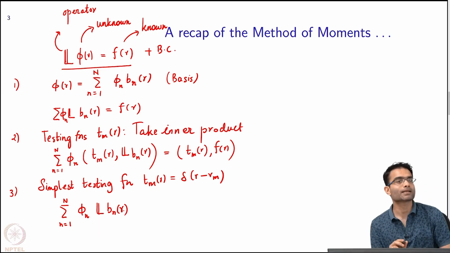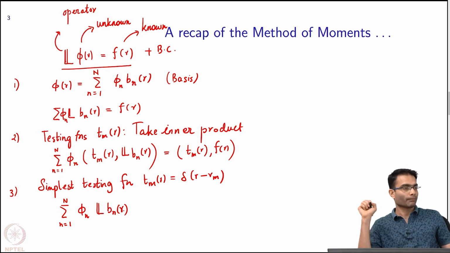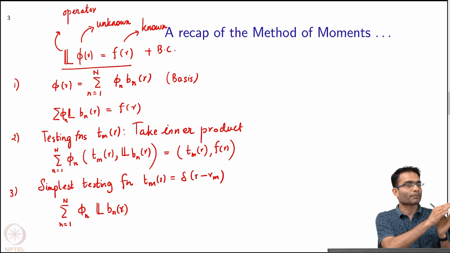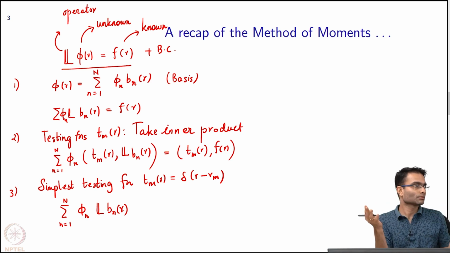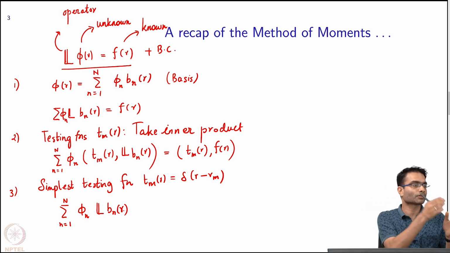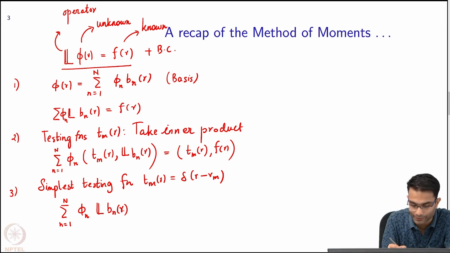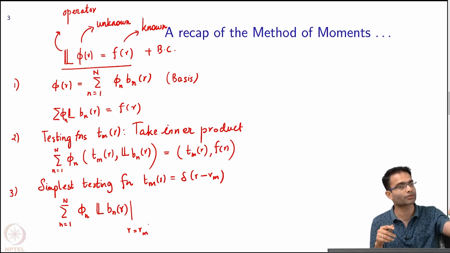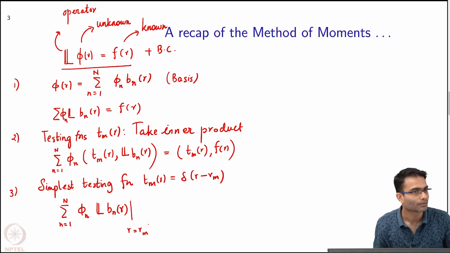So, writing it as Bn of Rm is actually misleading, because Bn of Rm is a constant, right. Rm is a number, and if I apply the operator on a number, that is not the same as applying the operator on a function. So, the technically correct way of writing it is evaluated at r is equal to Rm, meaning you make L act on B, and whatever you get, you substitute r is equal to Rm in that.